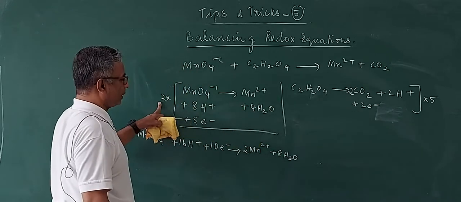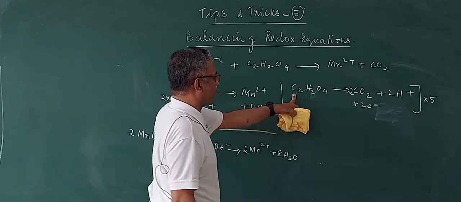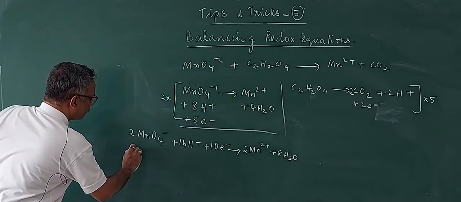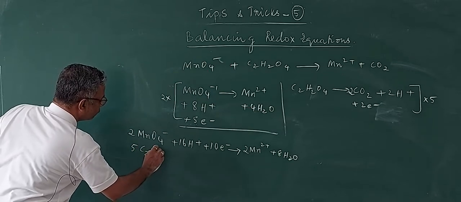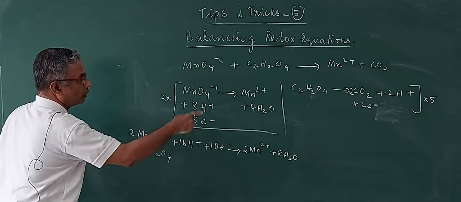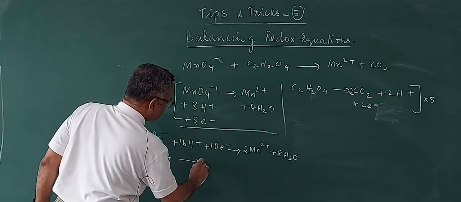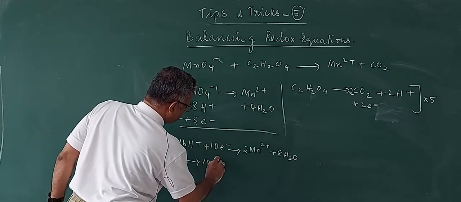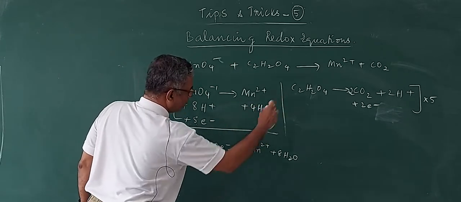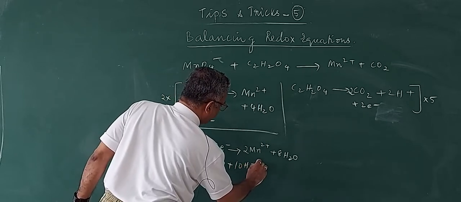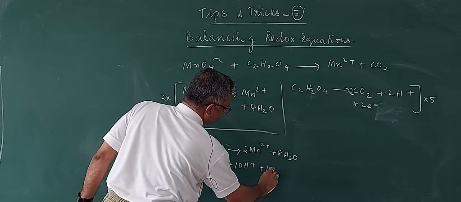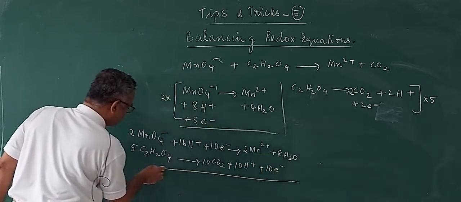So, you have to multiply by 2. Then if you multiply this by 5, you take 5 C2H2O4 and then it becomes 10 CO2 plus 10 H plus plus 10 electrons. Now, add these two equations.